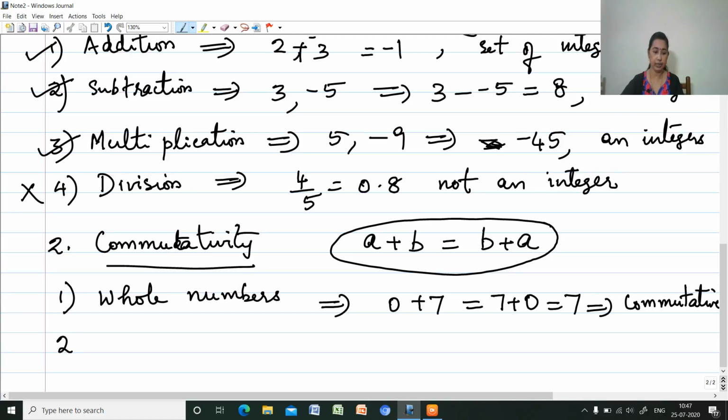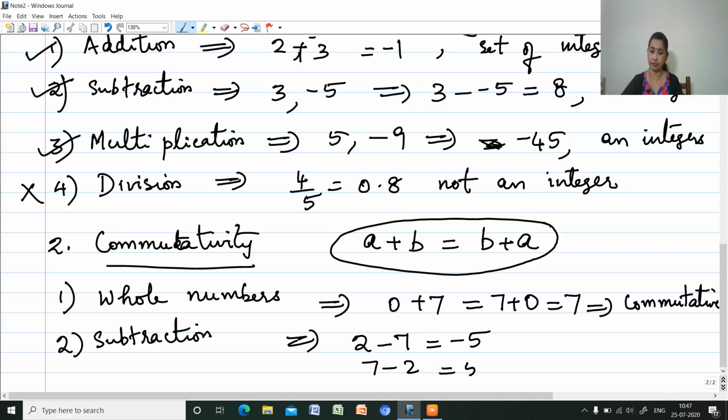Now the second one is subtraction. Subtraction of two whole numbers. Taking two whole numbers, let it be 2 and 7. 2 minus 7 gives minus 5, whereas 7 minus 2 gives 5. So both answers are different. So what can you say? They are not commutative.